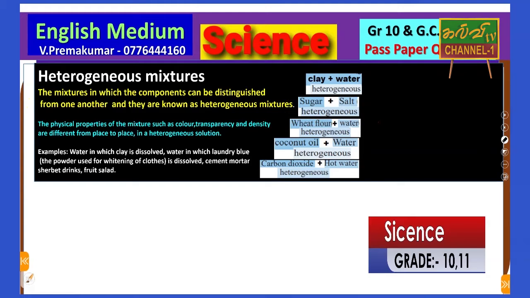Coconut oil and water is also considered heterogeneous. Here this is coconut oil, this is water, because according to the density we should consider that, right?